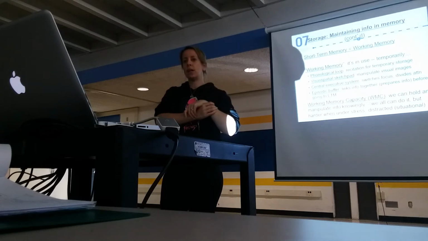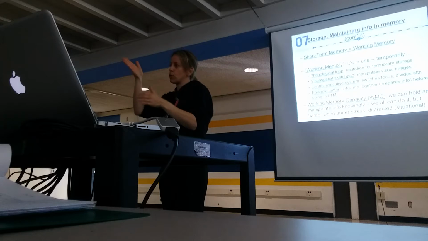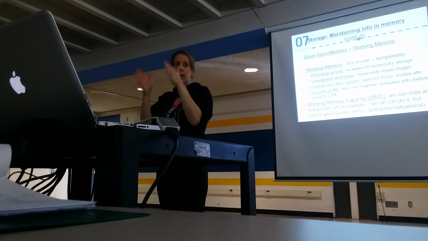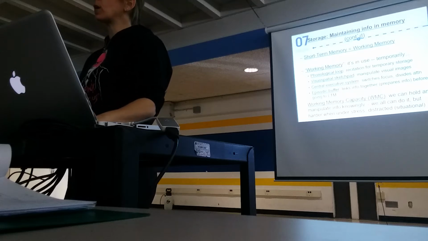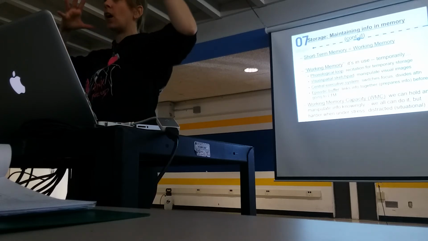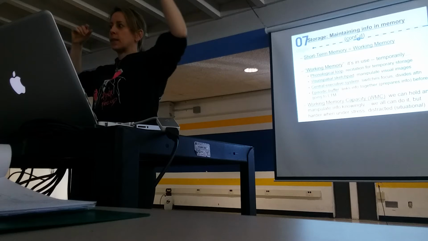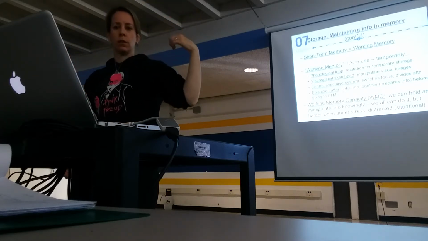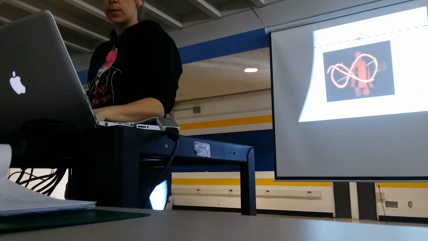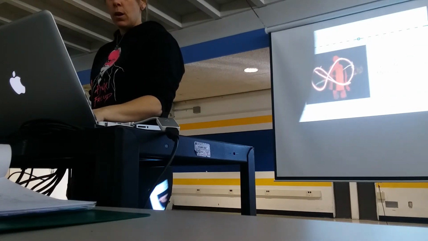Central executive system. And what's the space between short-term and long-term? Episodic buffer. Good. Working memory capacity: what happens when you have a high cognitive load? Your capacity goes down. When you have a low cognitive load, your capacity can be as high as it can be.